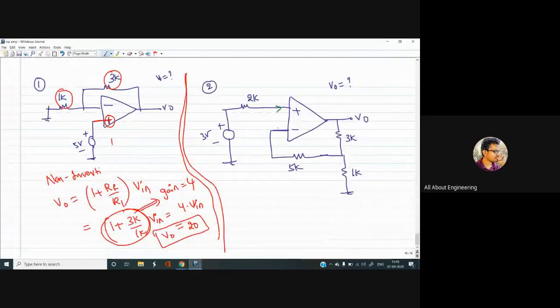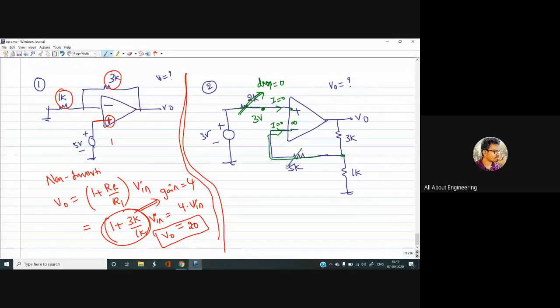The current into the terminal is zero, because here the input impedance is very large, infinite impedance, right? So if the current entering the non-inverting terminal or inverting terminal is zero, then there is no necessity of these resistances. The drop across this would be zero. So this means that you can simply connect these 3 volts here, and this point you can connect directly here, because this drop is also zero.